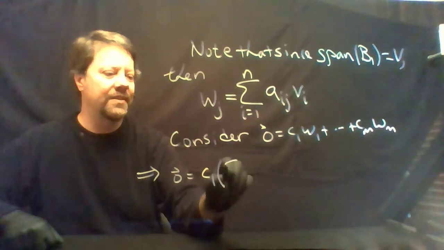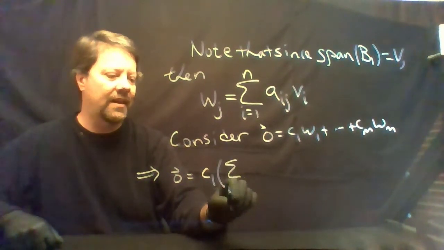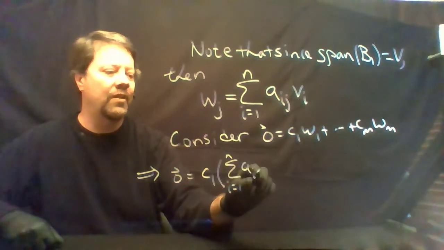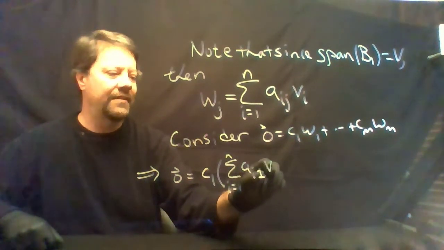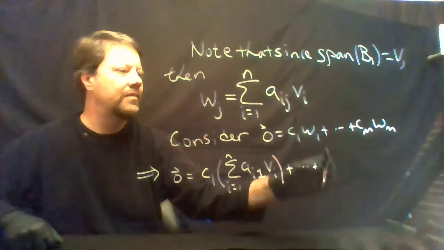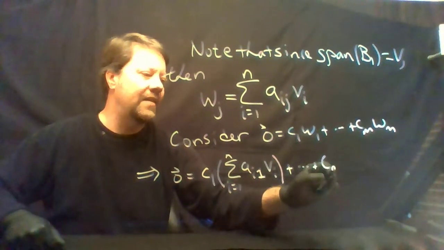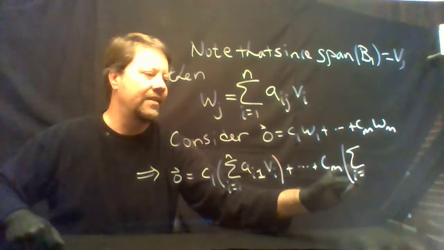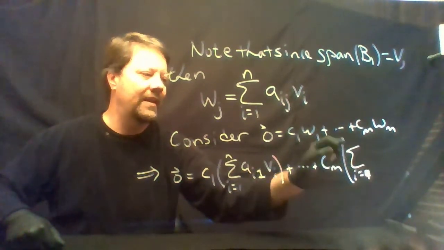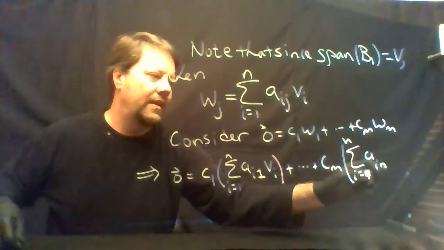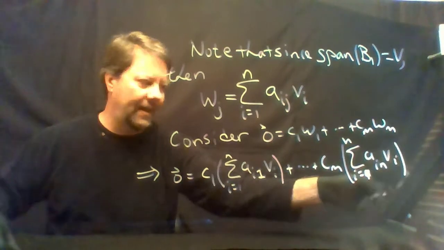C1 times the sum as i goes from 1 to n of Ai1 vi plus the Cm times the sum as i goes from 1 to n of Aim vi.